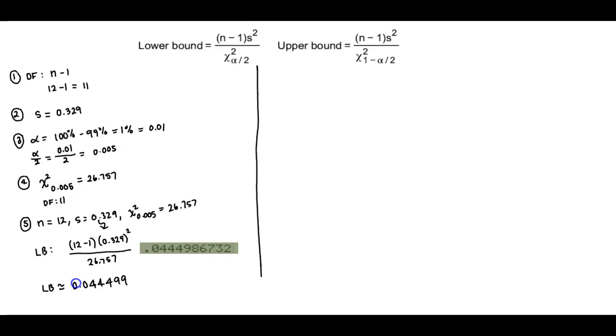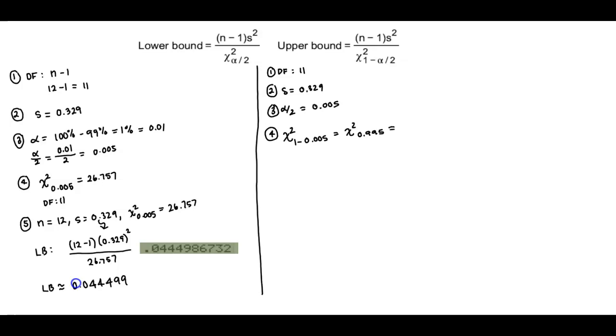Now we want to find the upper bound. Again, we know the degrees of freedom is 11. We know that our standard deviation is 0.329. We know that alpha divided by 2 is equal to 0.005. And so we want to find the chi-square critical value where the area is 1 minus 0.005, which is 0.995.